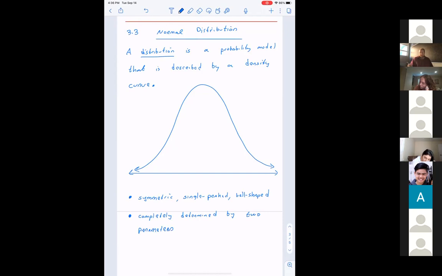In other words, there are infinitely many normals, but every one of them is uniquely and completely determined by providing me with 2 pieces of information. Can anyone guess what one or the other of those 2 pieces of information might be for me to know which normal curve you're talking about?